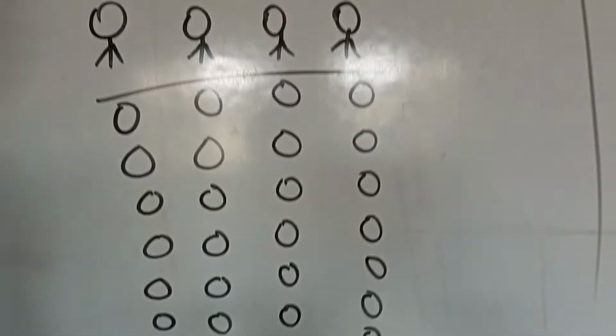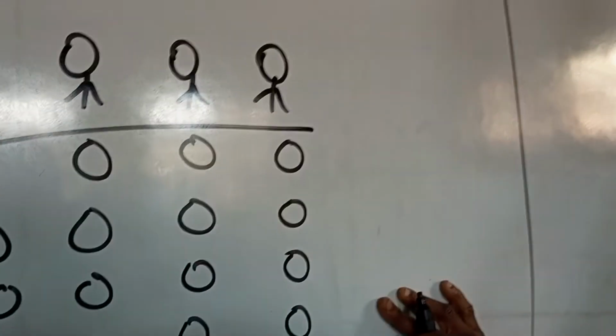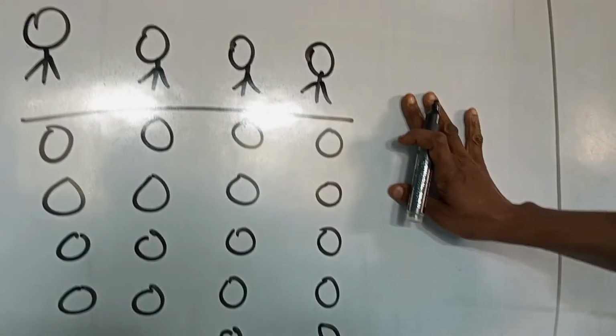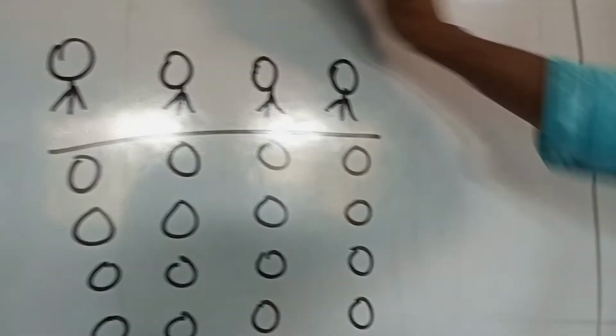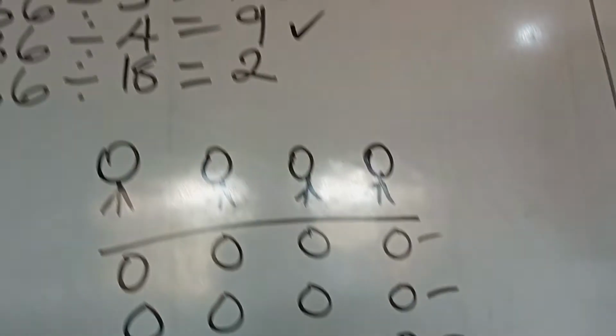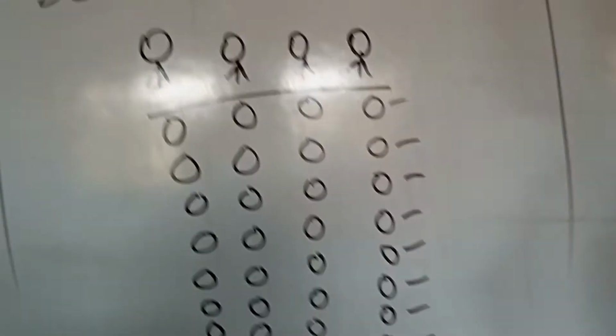Now we're going to count the shares for each of them and see if each of them actually got 9 as their share. 1, 2, 3, 4, 5, 6, 7, 8, 9.